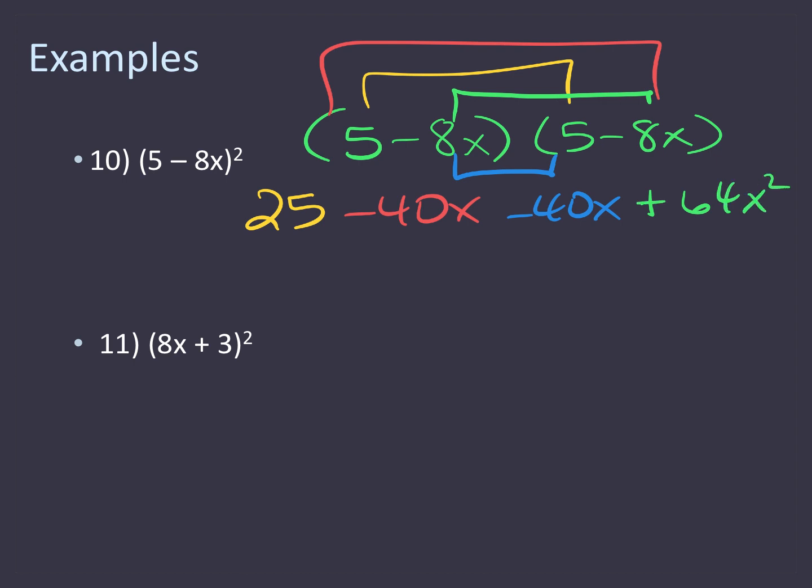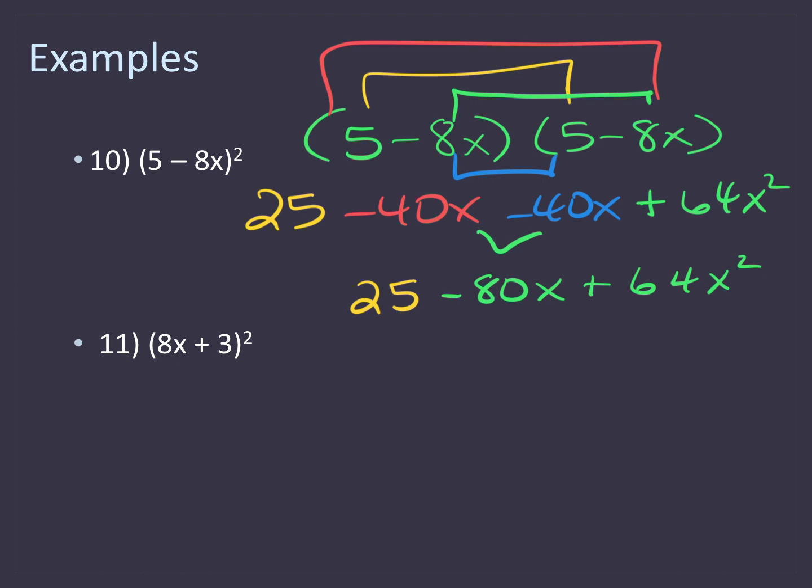Remember your rules for integers. Now I can combine my middle terms. The 25 stays. The negative 40x minus 40x is negative 80x. And then drop down the plus 64x squared. Nothing combines with it.